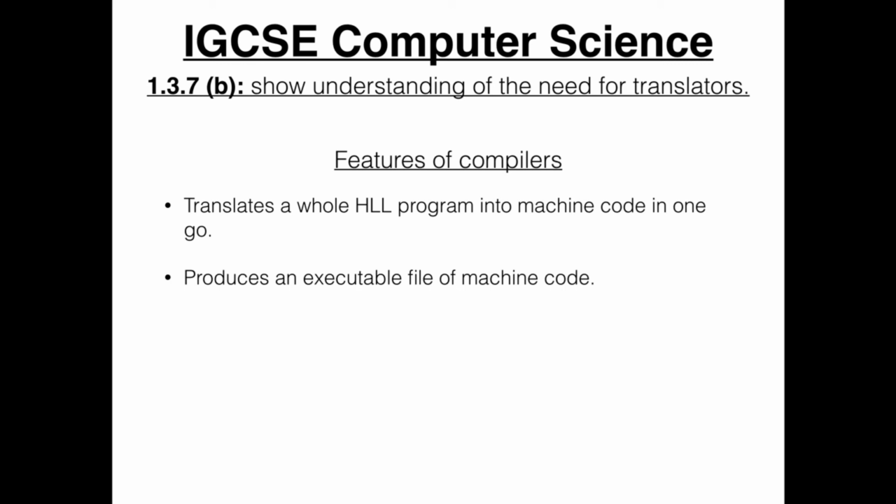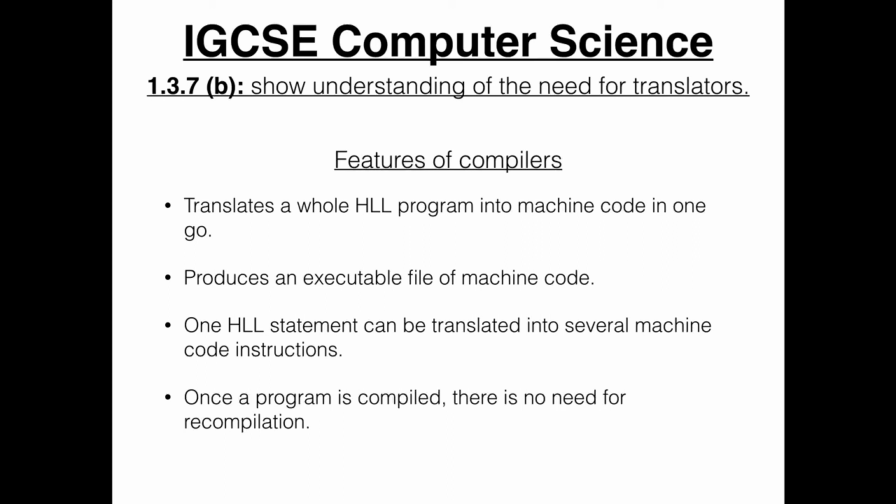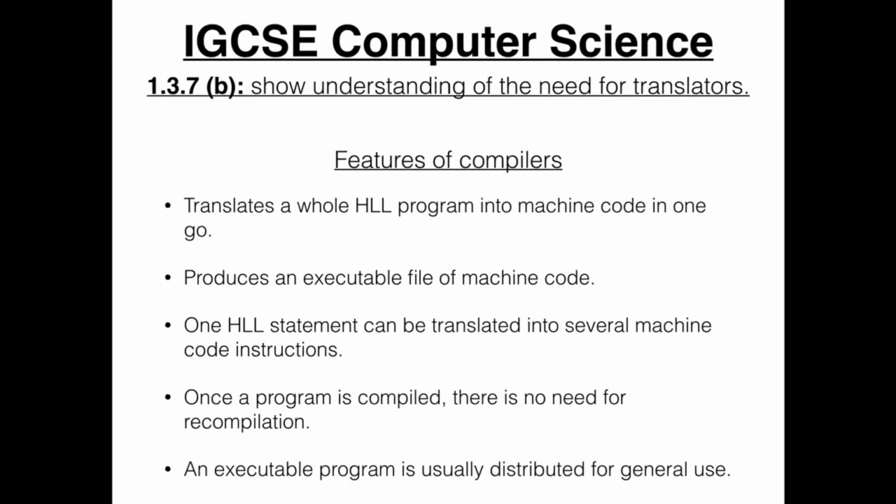They produce an executable file of machine code, which you can then run. One high-level language statement can be translated into several machine code instructions. Once a program is compiled, there is no need for recompilation. And the executable file that is produced is usually distributed for general use.